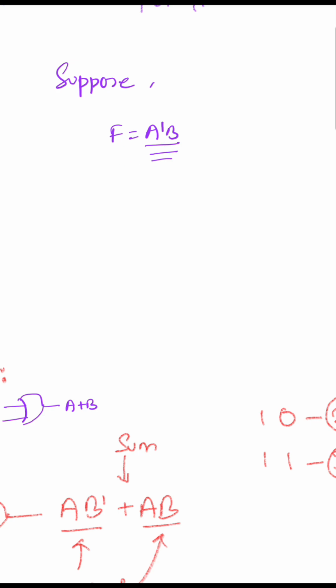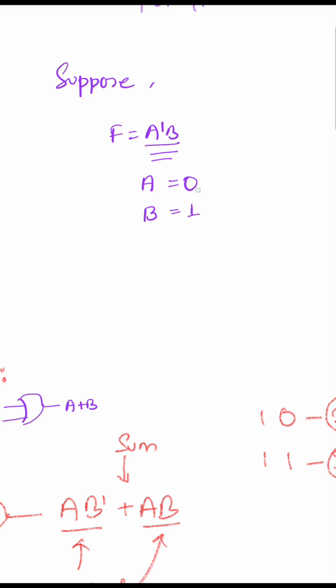now we can clearly see that there is an AND gate between A complement and B, right? And the AND gate's output is 1 only when both the inputs are high. That means one of the inputs, which is A complement, should be 1, so A should be 0, and the other input B should be 1.